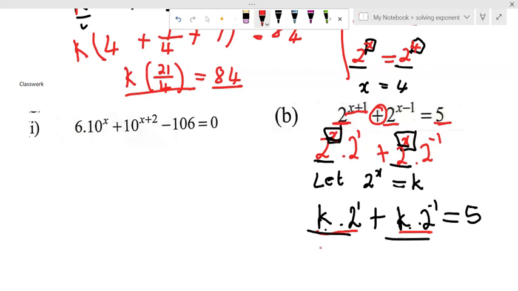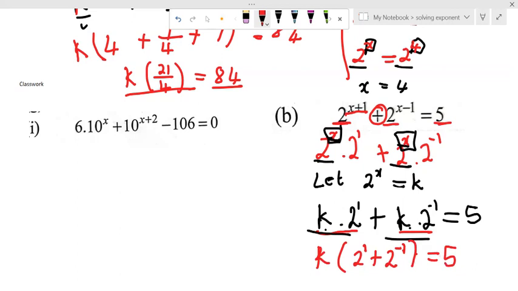So we put k here, we say we have k, open bracket. Now if we take k here, what are we going to remain with? So we have 2 to the power of 1 plus, we take k here, what are we going to remain with? 2 to the power minus 1. Close bracket, which is going to be equal to 2.